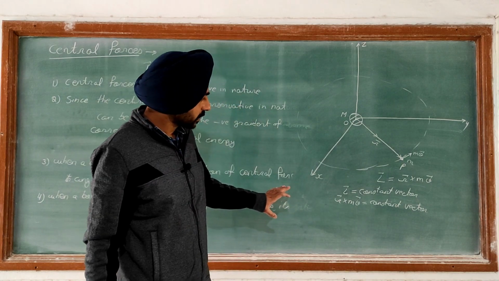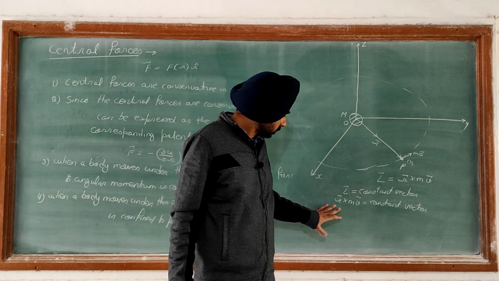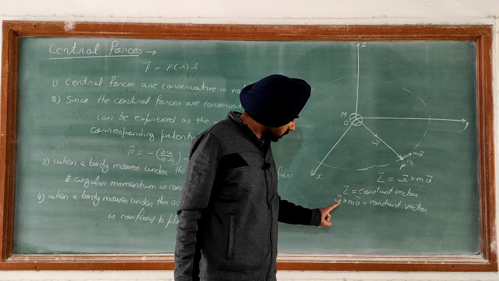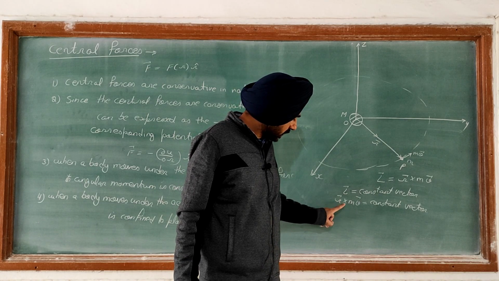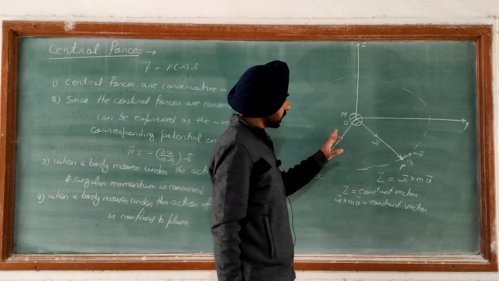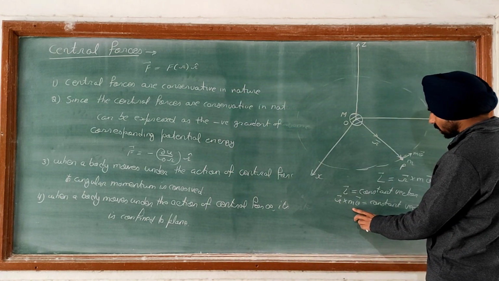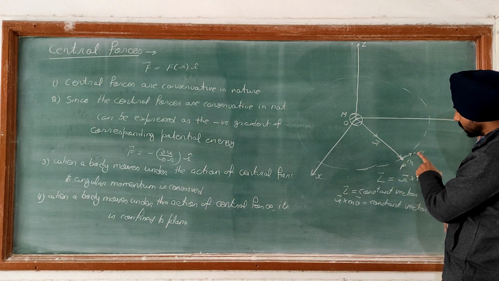If you have already gone through the vector product of two vectors, then you can see this is vector A cross vector B. So R cross mv, this is R, this is mv.